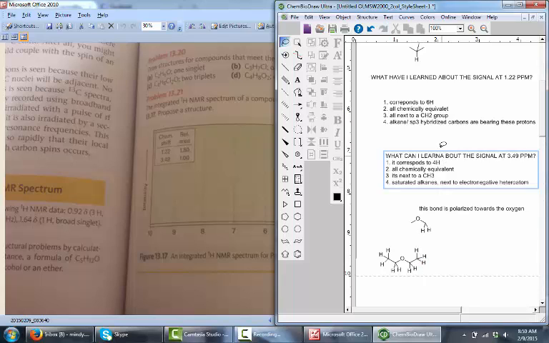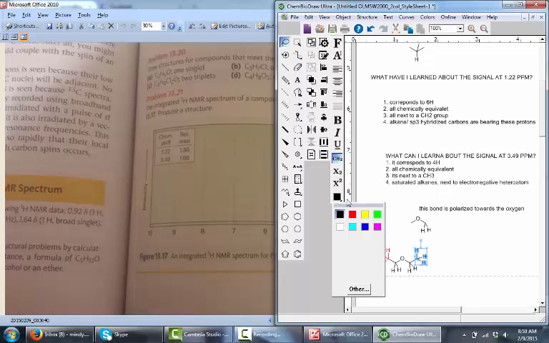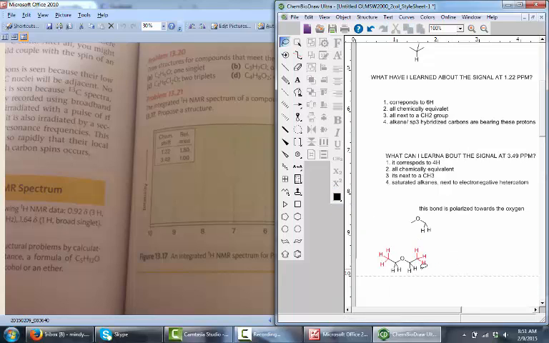They're 6 protons, and they're all next to the CH2s. So that's going to work in terms of matching the criteria here. Let's make these red. These 6 chemically equivalent protons are the signal at 1.22 ppm.